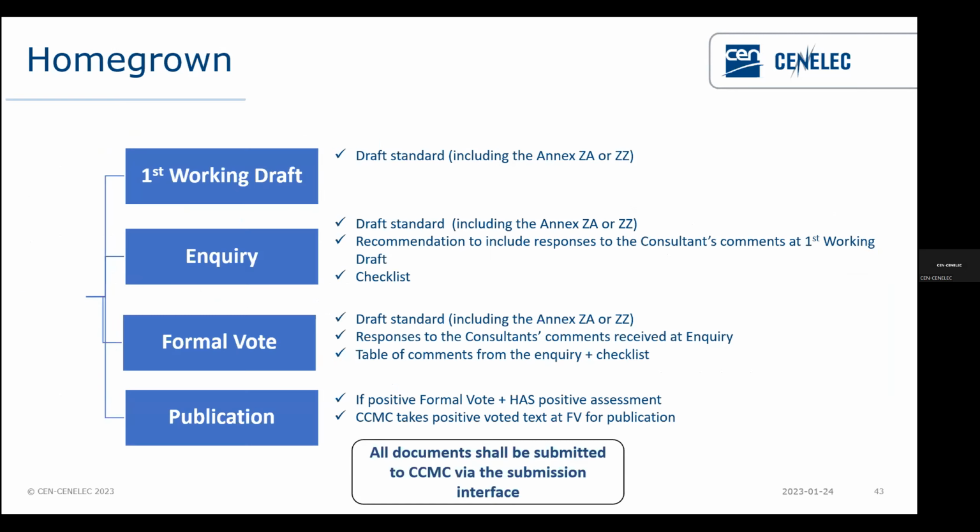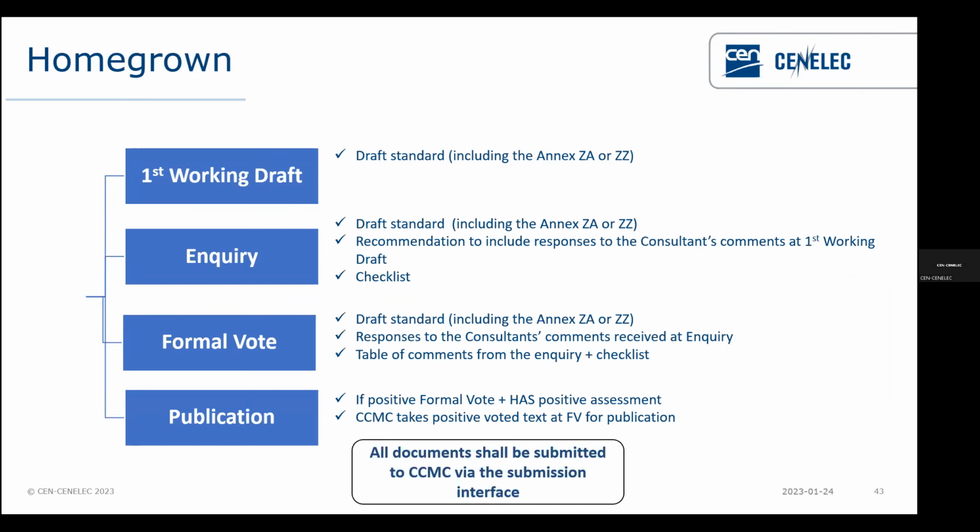So now let's begin with what you are expected to submit and to whom you are to submit your documents to when drafting your harmonized standards. For homegrown standards, for the first working draft, you are to submit the draft standard, including the Annex ZA or Annex ZZ, directly to CCMC. And at inquiry and at formal vote, you're expected to submit the same document. In addition, submit the checklist that I just mentioned.